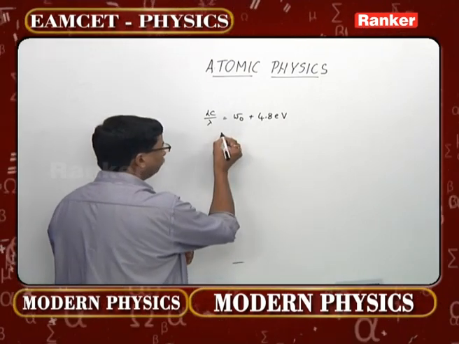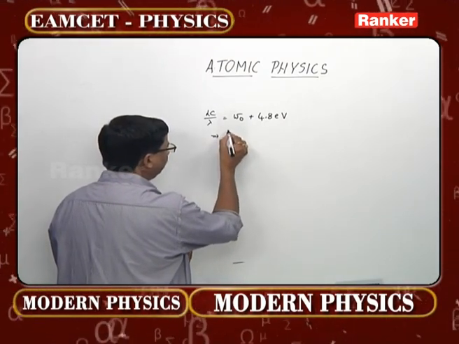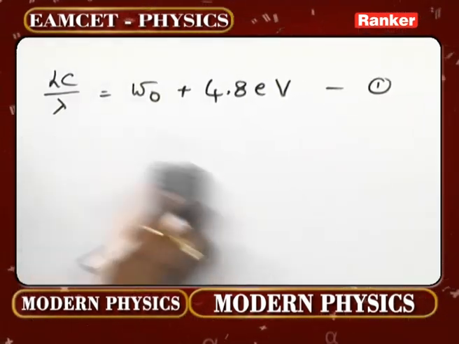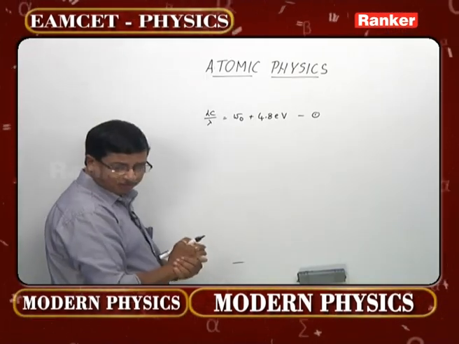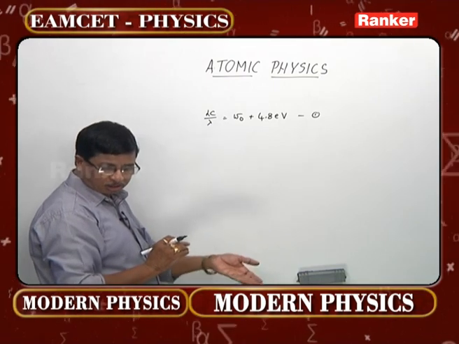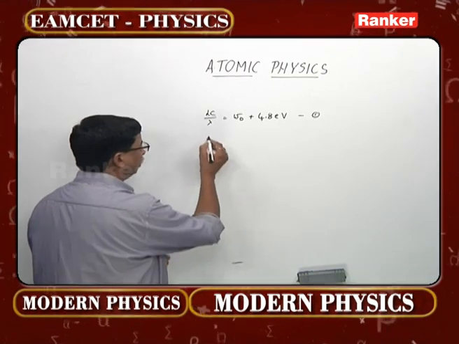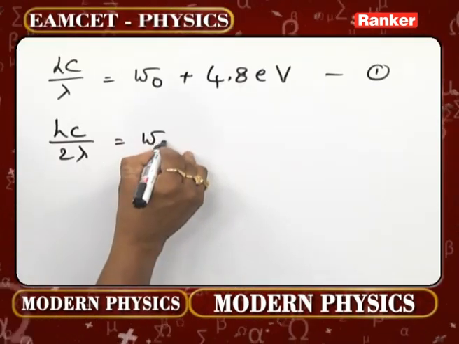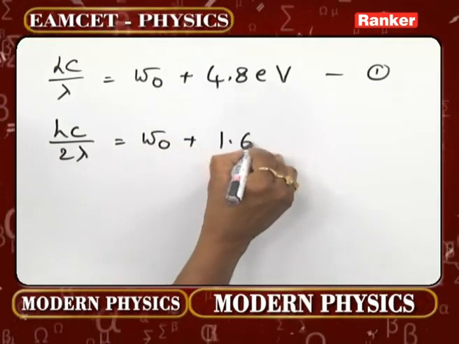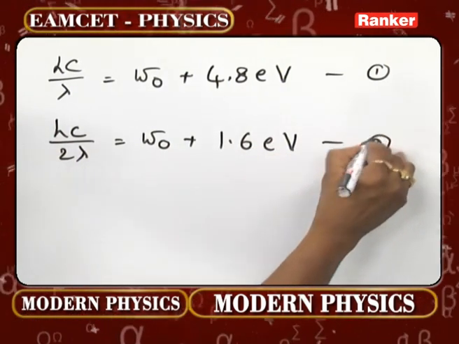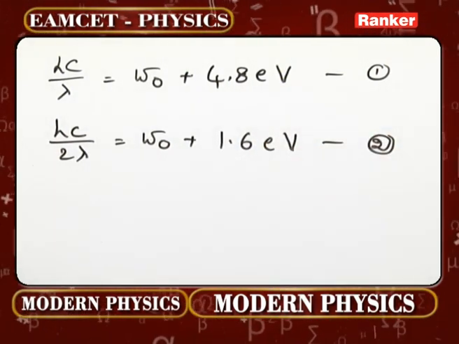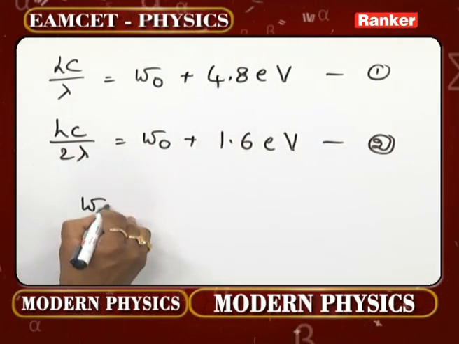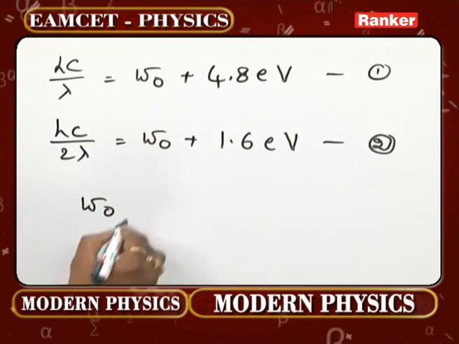Now from this one you can directly write W naught, of course this is the first equation; afterwards only you can simplify that one. Second time, when the wavelength is doubled, we are getting 1.6. So hc by 2 lambda is going to be W naught plus 1.6 electron volt. Now if you simplify these two and calculate W naught, what is W naught?